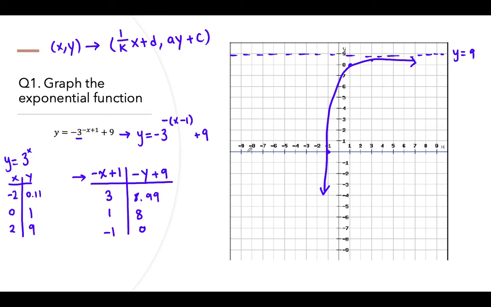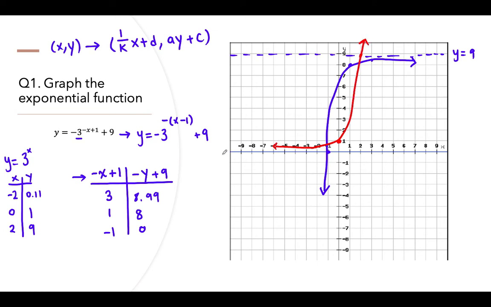If I want to compare to my parent function, it will be 2 to the 9 and negative 2 is 0.1. And it looks something like this.